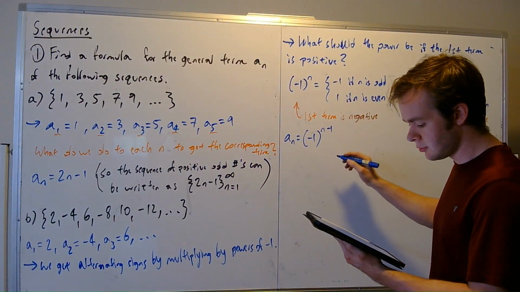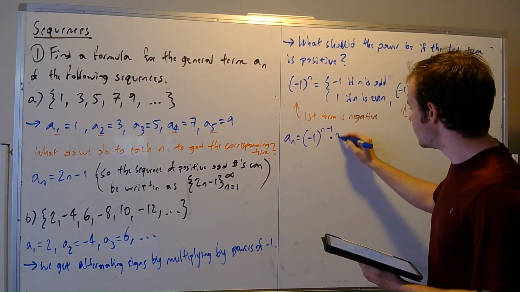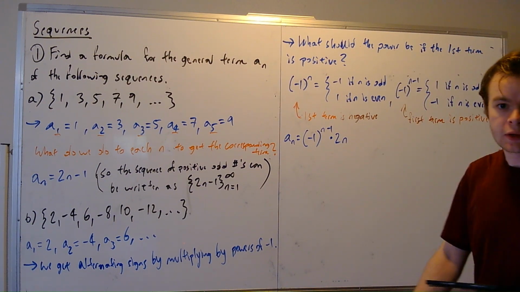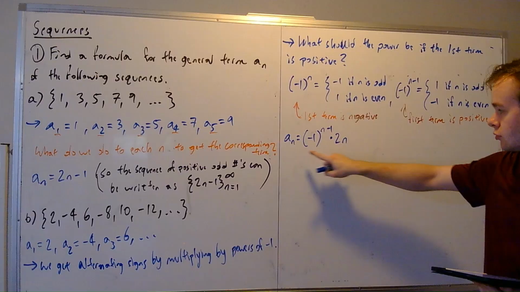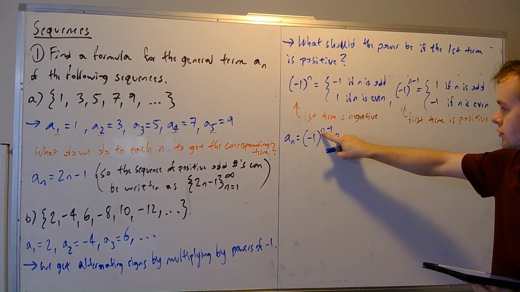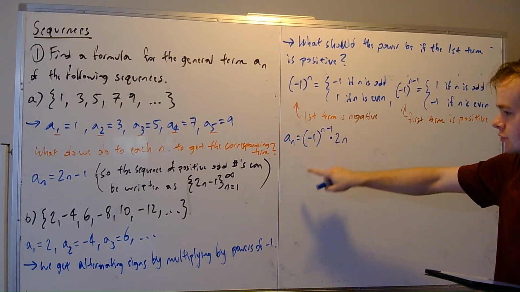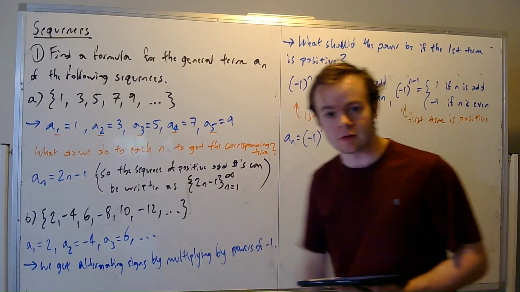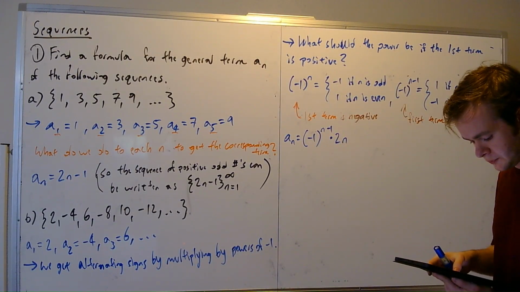So we should actually be writing here this alternating part times 2n, right? Because for, let's say you take the third term, n equals 3, this part is going to give you 6, and 3 minus 1 is an even number, so this part is going to be positive, so you get positive 6. So that's how you figure out what the formula should be there.